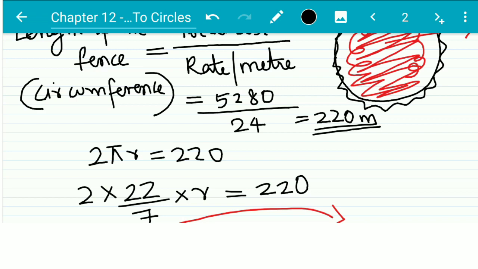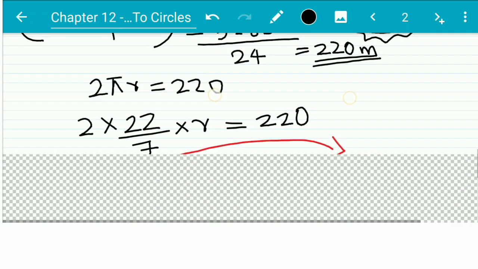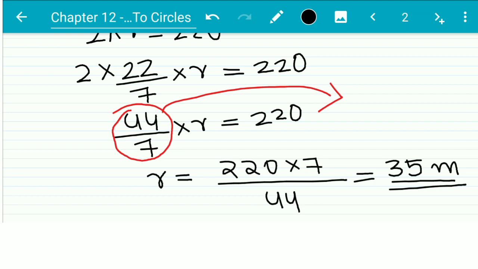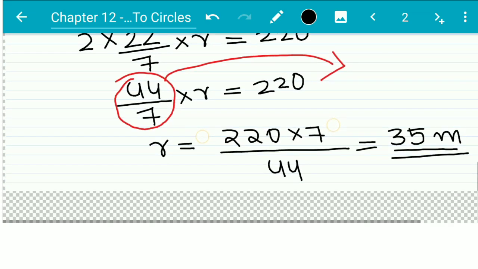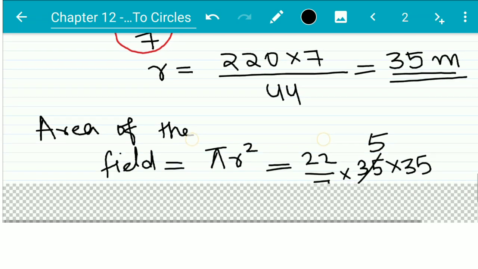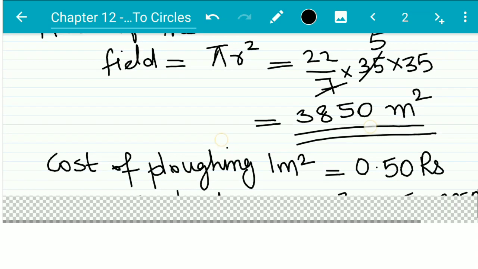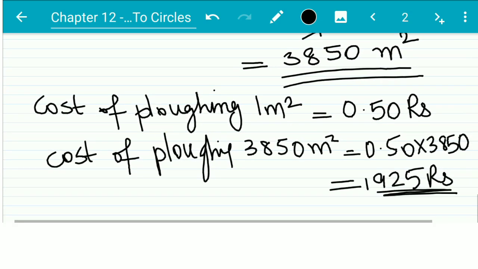Then we substituted the value of pi. Then found the value of r. We got r, the radius of the field, is equal to 35 meters. After that we found the area of the field. Area equal to pi r square. So we substituted the value of pi and r. Then we got the total area of the field. Finally, we multiplied it with the cost per meter square, that is 0.50. We got the answer as 1925 rupees.